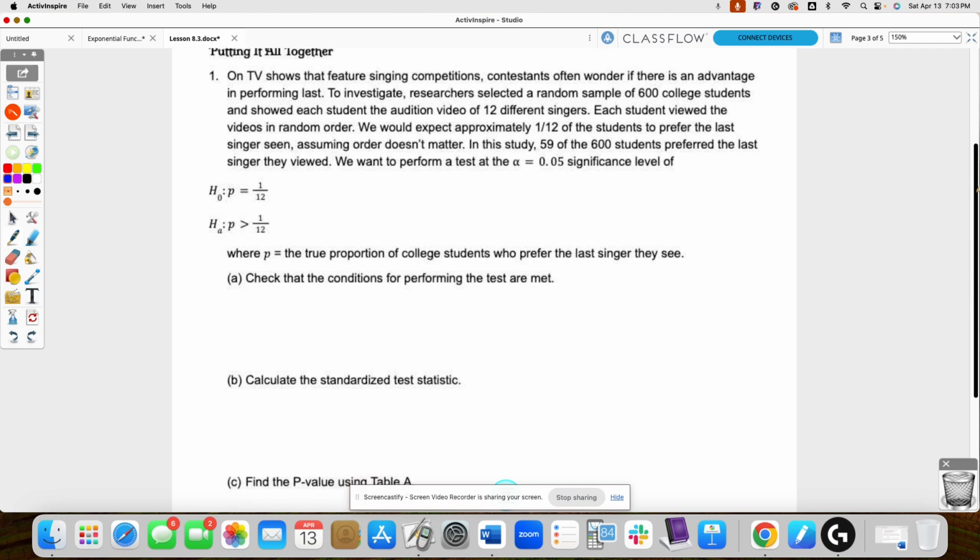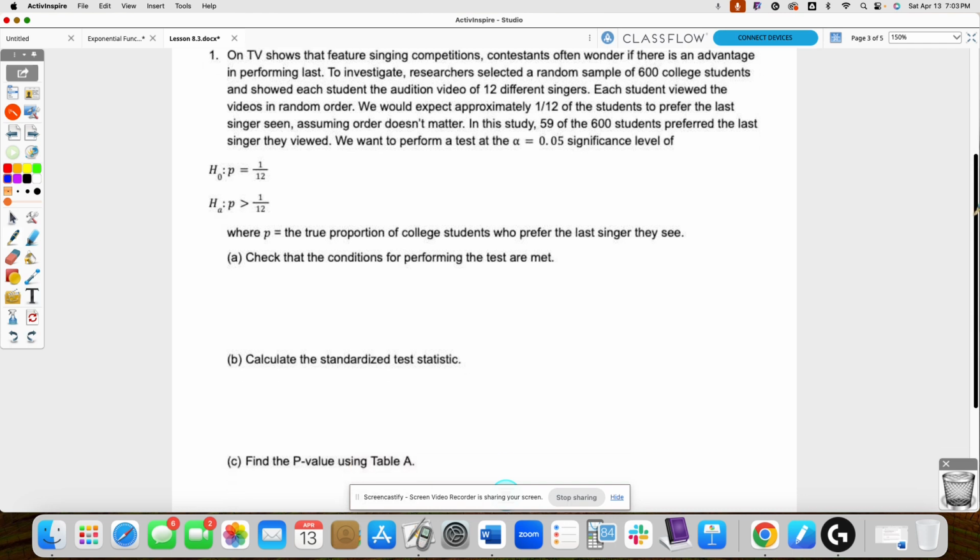All right. The first step when you perform a significance test is to check the conditions. The two conditions are, is it random? From the problem, it says that researchers selected a random sample of 600 students.